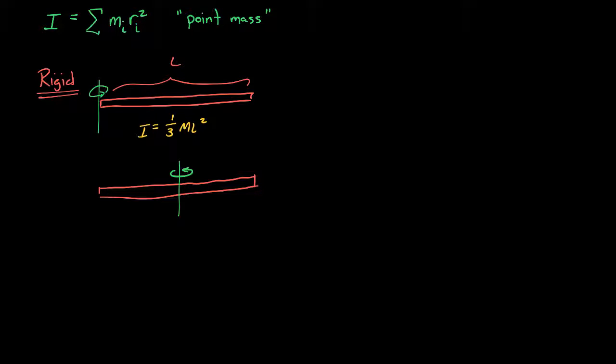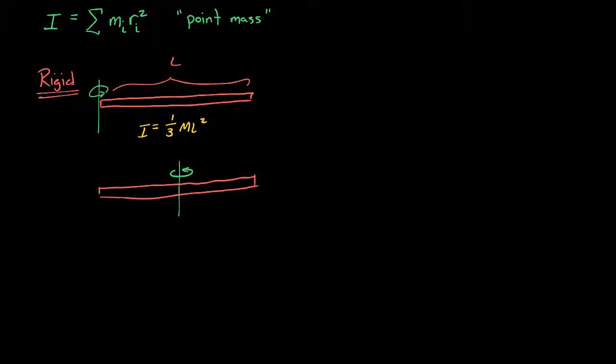So one of the things I tried to emphasize on Friday is that if I take the same bar and rotate it about its middle, then I would expect the moment of inertia to be less because the mass isn't as far away. That's what I mean by recognition, that the lower object, the bar about its center, should have a lower moment of inertia than the bar about its end.